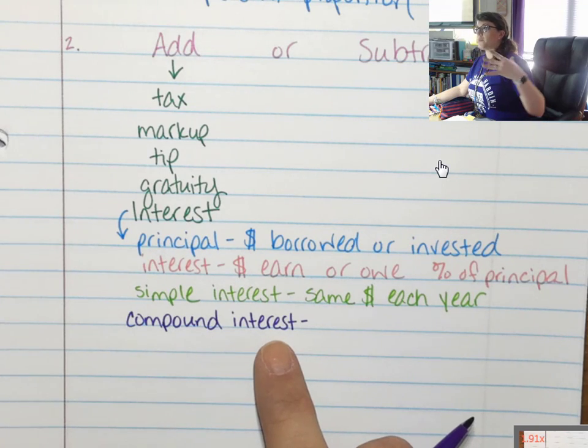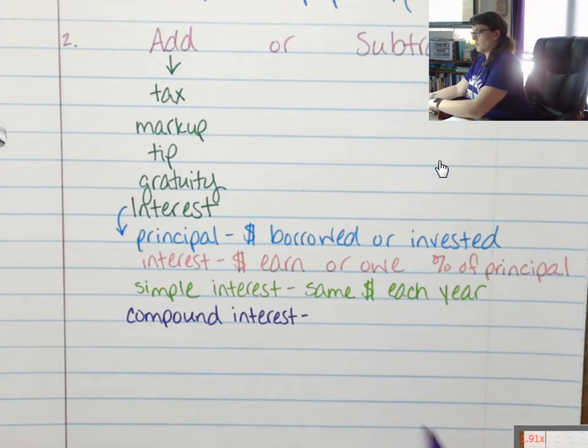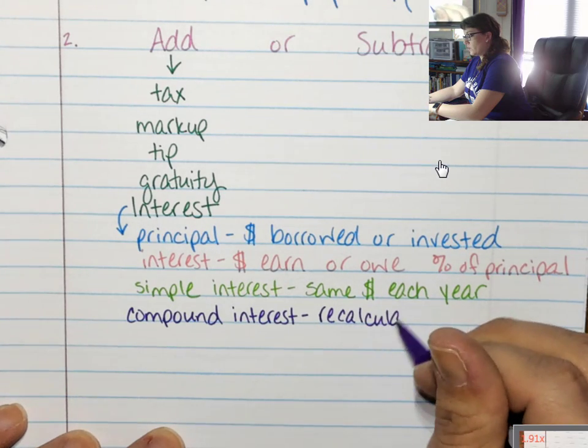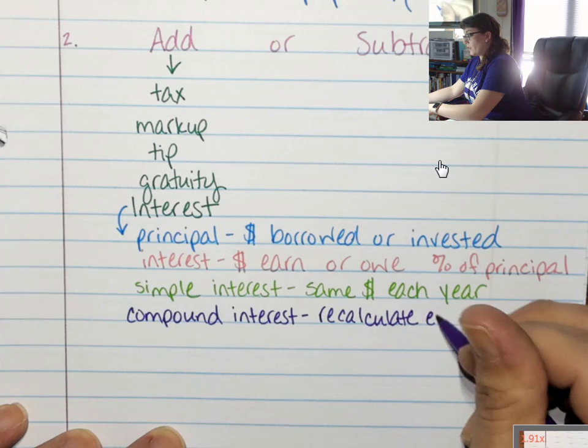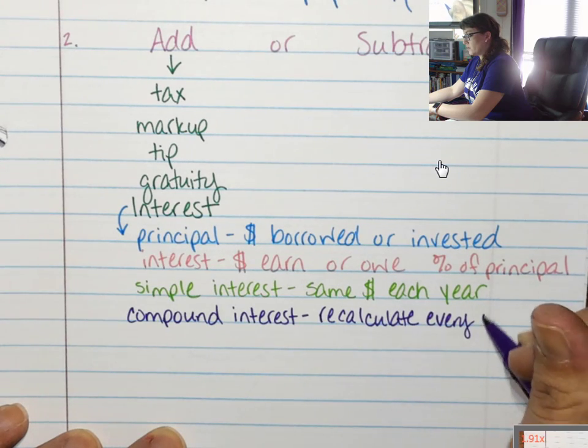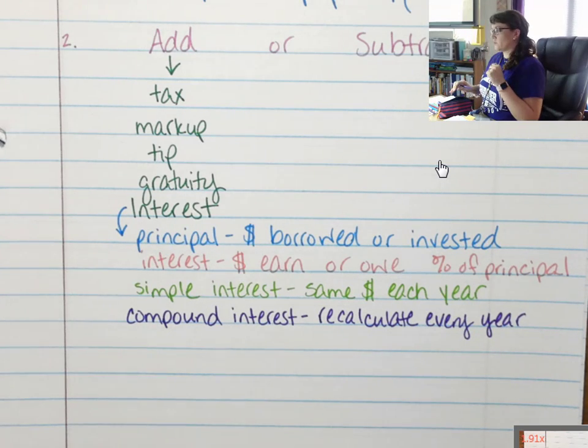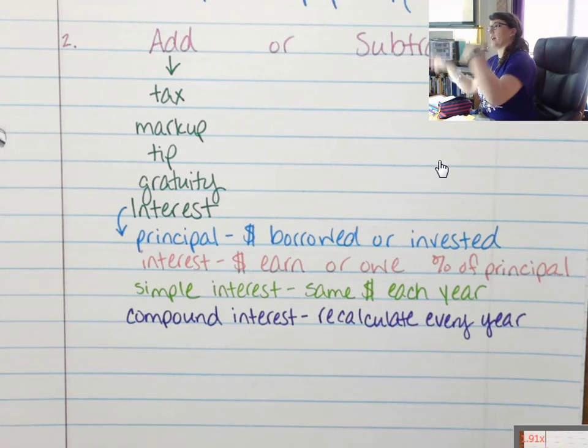So you make more money over time, and it's recalculated every year. So you get to earn interest on your interest. And then you add that back, and you get to earn more interest on your interest. So it's spiraling, spiraling, spiraling.